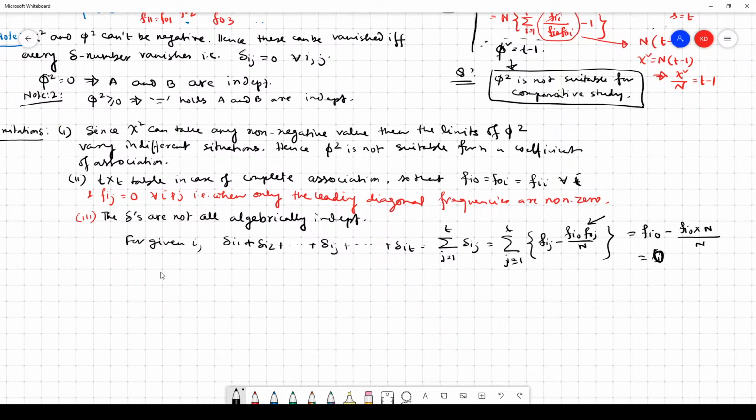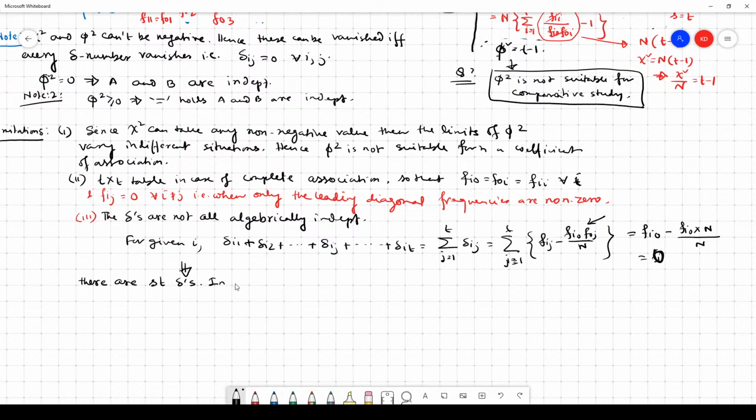So for this reason, there are st such deltas.